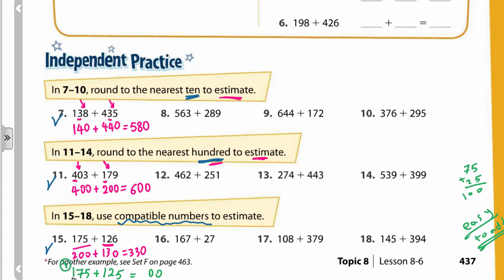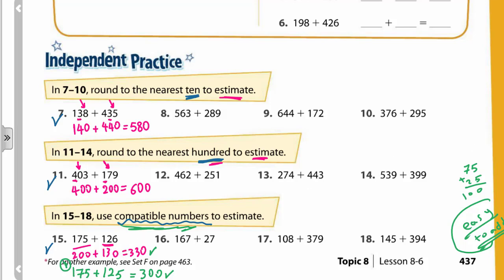The hundreds, 1 plus 1 plus 1 equals 3. So this one is correct, and also this one is correct because we are doing this using compatible numbers. You may get different answers from anyone else. But you should think of the two conditions. It should be easy for you to add, and it should be near to the given numbers. And as you can see, 125 is near to 126.